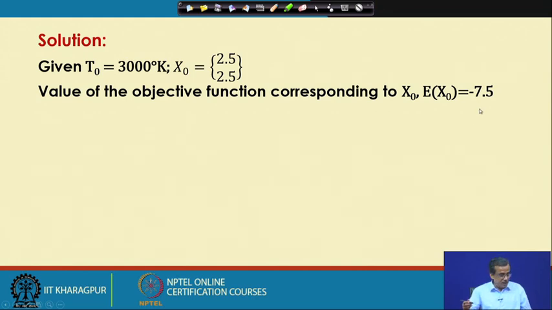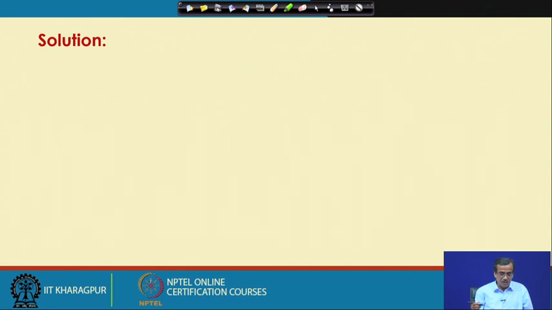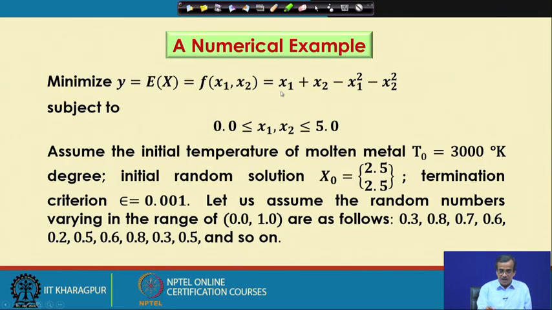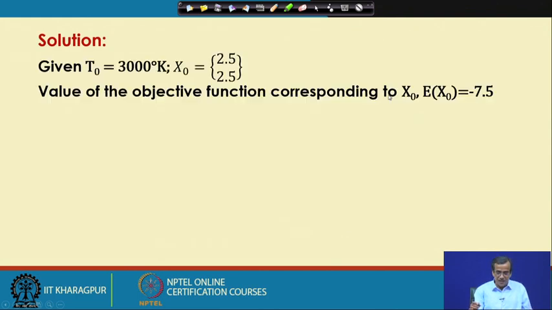Now, how to find this? It is very simple. You substitute the values of small x1, x2 in the expression of the objective function. So, we will get the numerical value, and that numerical value is nothing but minus 7.5.